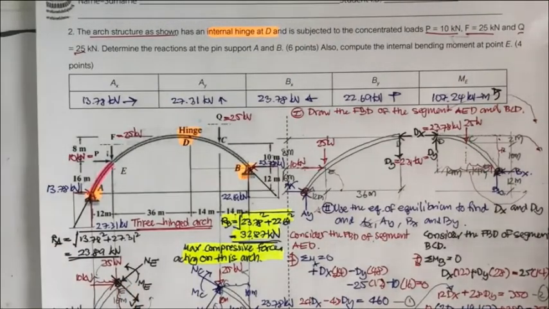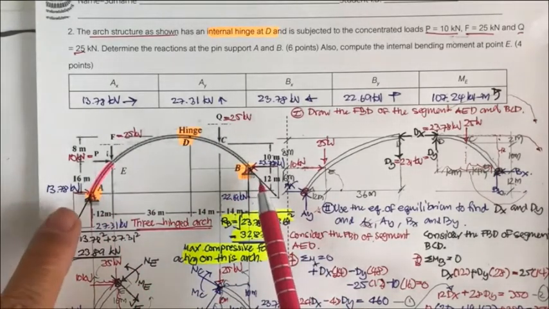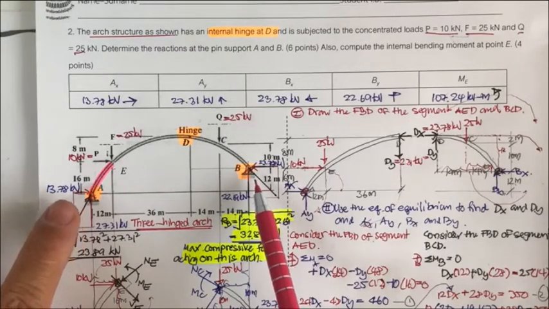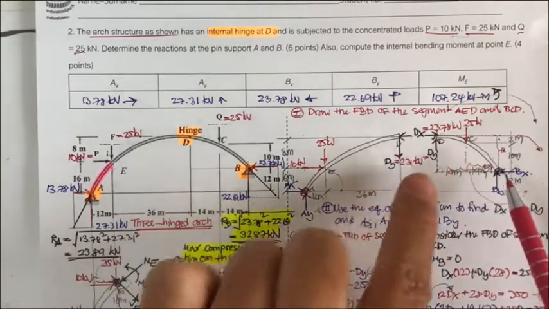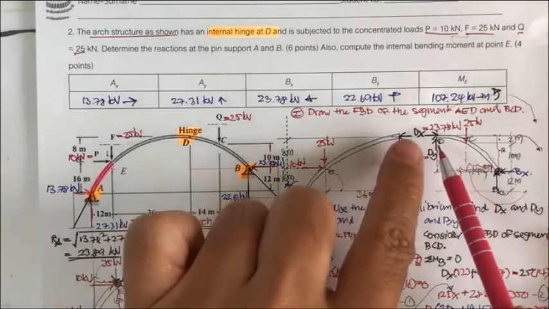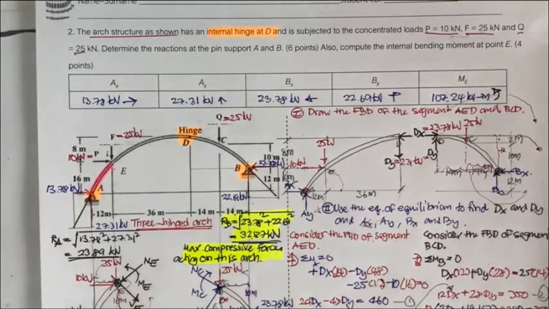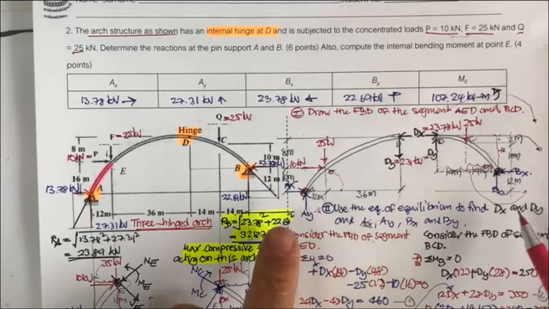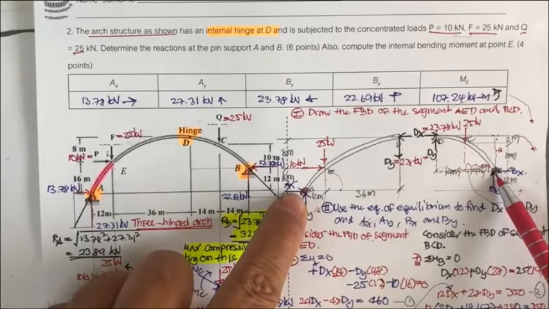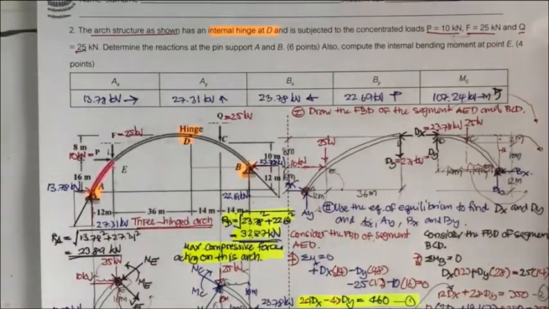Okay, the three-hinged arch, we cannot use the free body diagram of the whole arch because there are 4 unknown forces here, so we separate into 2 segments, and the unknowns change from 4 to 6, and we have the equations of equilibrium of 3 plus 3 is 6, so this is a statically determinate arch. And then we solve it by taking the moment at A to obtain this first equation of d sub x and d sub y.